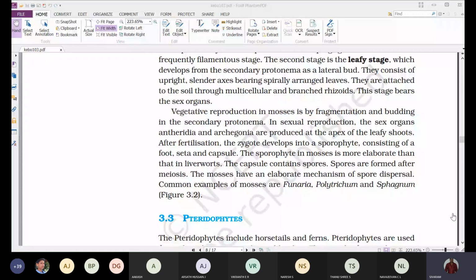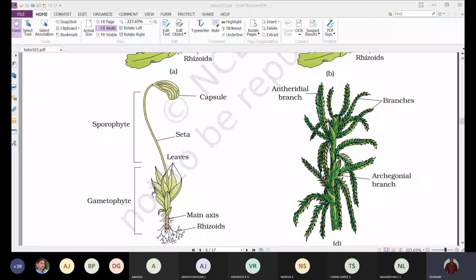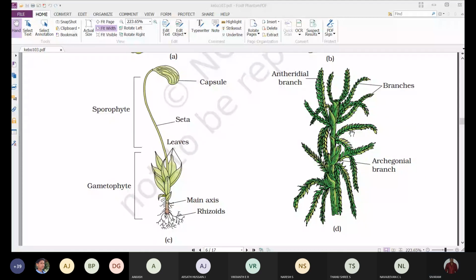Here we can see the main axis and the leafy structures arising from this main axis, showing certain branches. Okay, that is about the mosses.